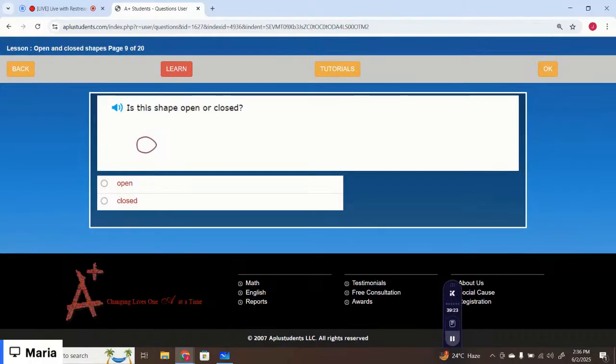Is this shape open or closed? Closed it is.